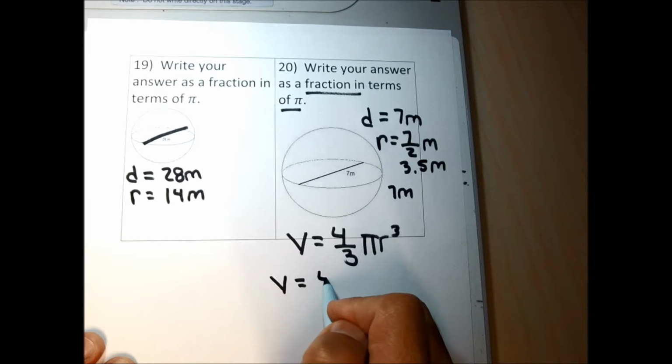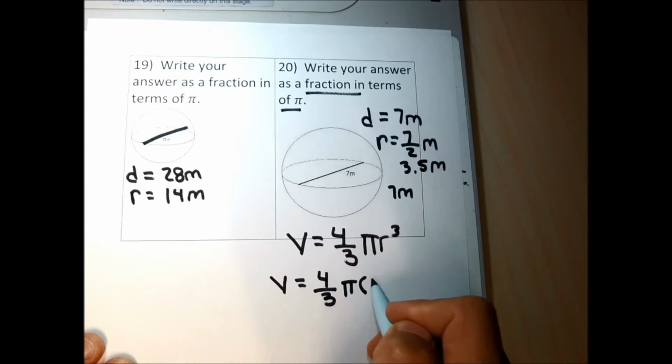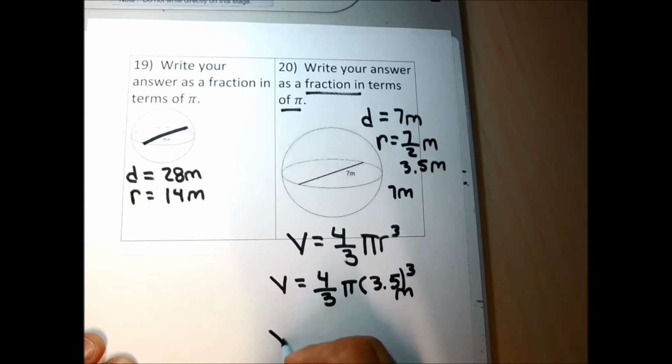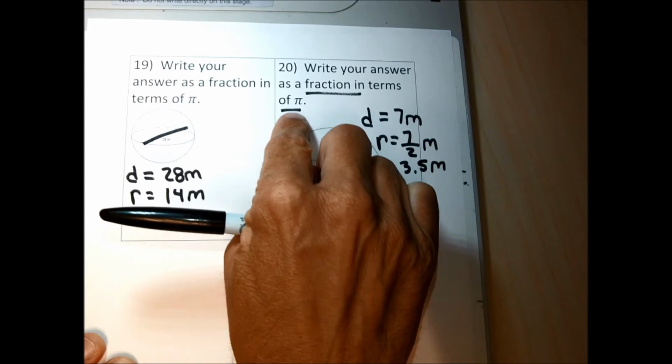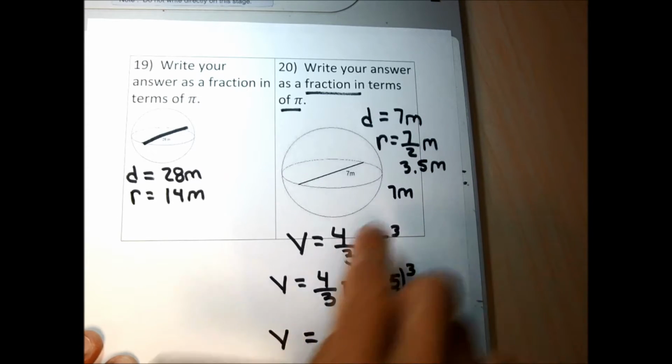So I'm going to go volume is 4/3 times pi times 3.5 meters cubed. For my answer, I'm going to leave the pi in my answer because I'm told to. My units are going to be cubic meters because volume is always cubic, whatever units you're starting with.